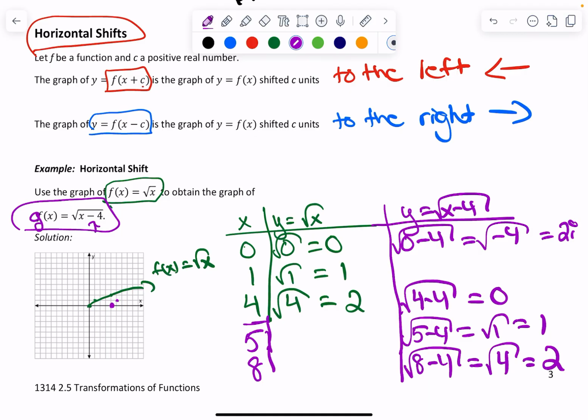So hold on, 1, 2, 3, 4, 5, 6, 7, 8. And you can see that we shifted it 4 to the right. Shifts 4 to the right.